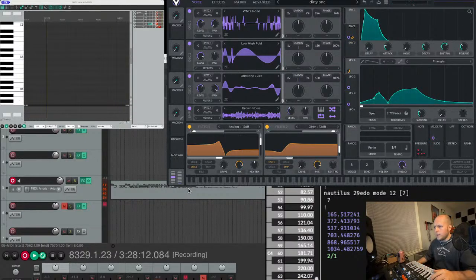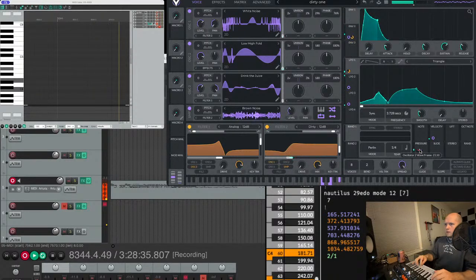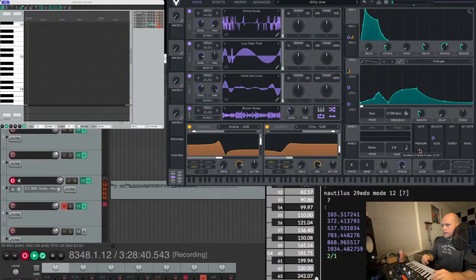One thing I noticed about the way this pressure works on chords. If you look at the Vital screen right here, this one in the top right, this pressure thing, if you play a chord, the pressure only responds to the last note I play on this MicroFreak.